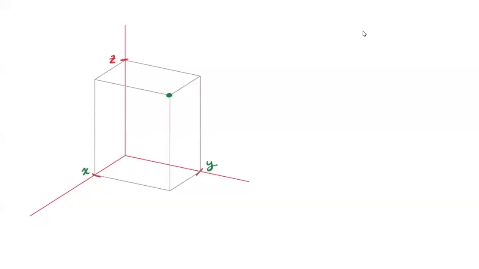Okay, we need some other, oh yeah, I guess we label the points. So that guy right there, X, Y, Z. Okay, that's rectangular.